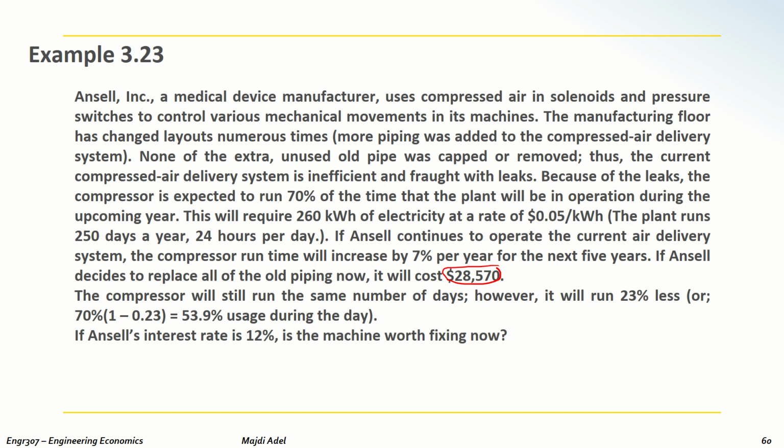So I need to convert the information in this question to money. How much I'm paying for electricity. قديش أنا بدفع الكهرباء per year. Okay, for the two cases, if I keep the situation as it is or if I do the replacement.